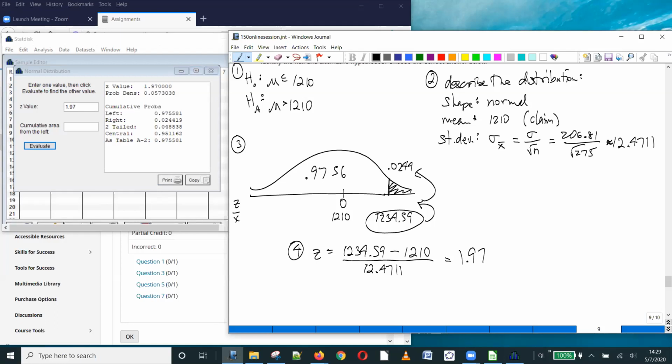Okay, so now we have done all the calculations, and now step 5, make the conclusion. So the conclusion, which I'm actually going to type out because my handwriting has seen better days.